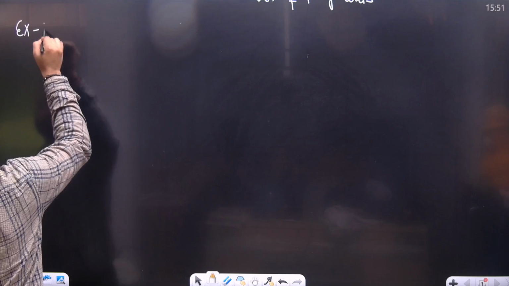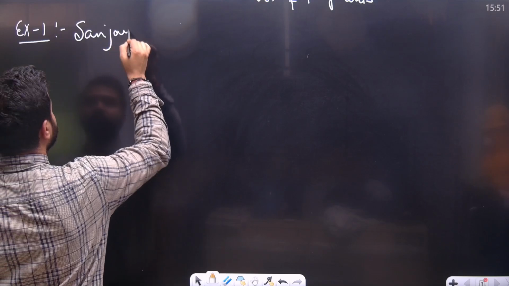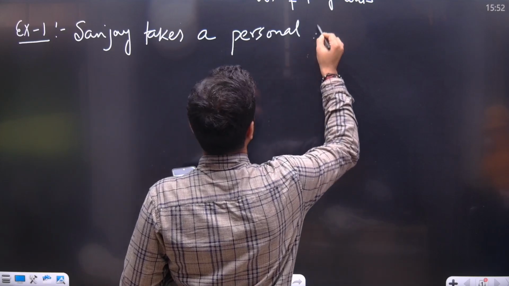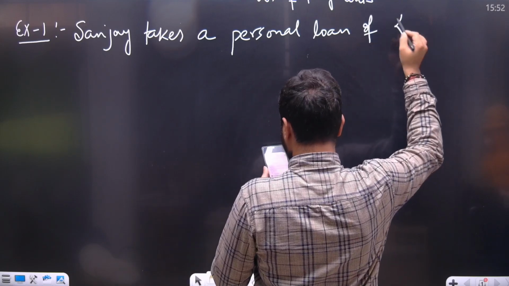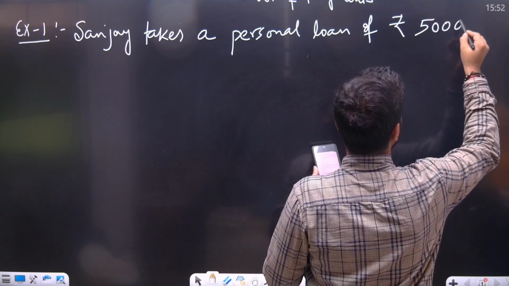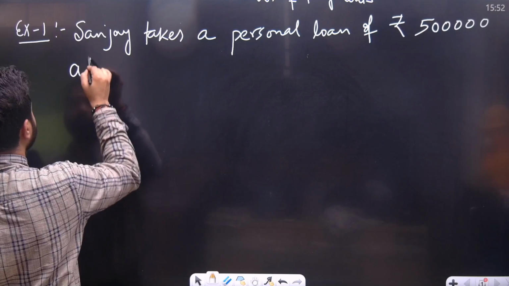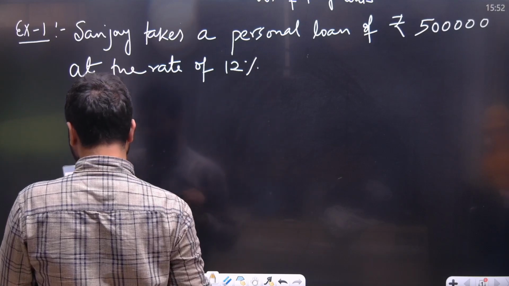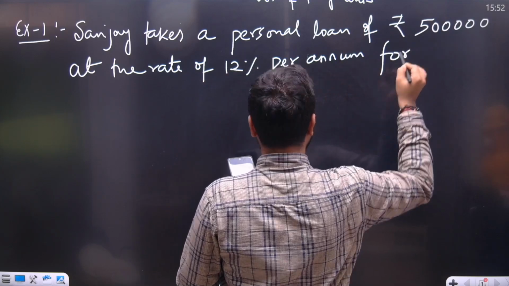Example 1. Sanjay takes a personal loan of rupees 5 lakh at the rate of 12% per annum for 3 years.